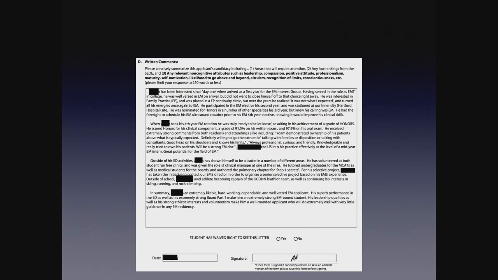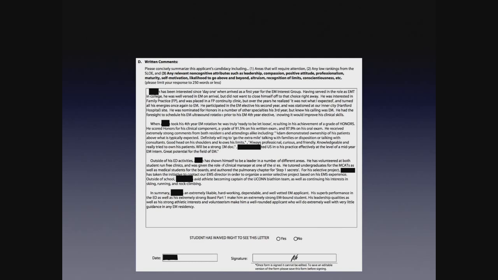But when I write in the narrative and say, this person is a hardworking, honest person who's going to be a solid, no-risk person for your program, that's a really good bottom line that another program is going to want to know about. Not everyone is going to be top 10% here. Not everybody is going to come home with the same trophy. Hopefully all of the trophies say emergency medicine on them.